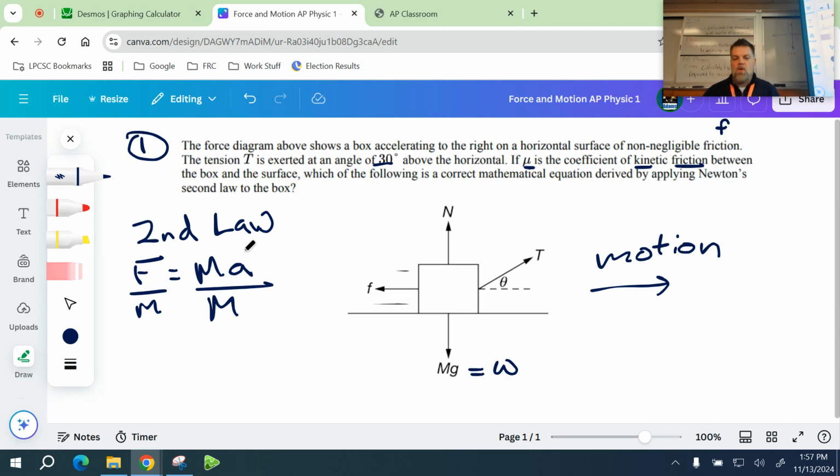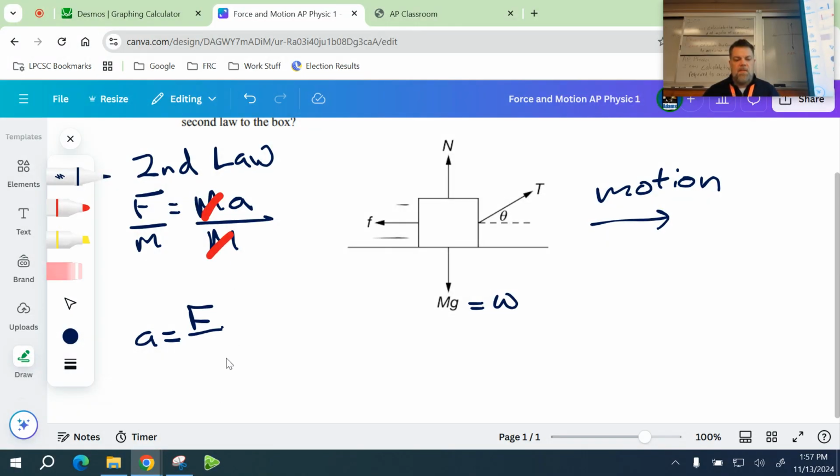So when I do the math on that, this cancels with this, and so what I end up with on the bottom is the acceleration is equal to the force divided by the mass of the object. So this has a mass. Now, I don't know what the numbers are, okay?